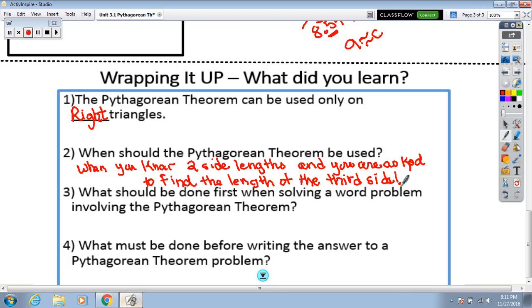Now keep in mind, this is only if you're given 2 side lengths with a right triangle. That is like the most important thing to remember. You cannot use this with any triangle you want to. That triangle must have a right angle.